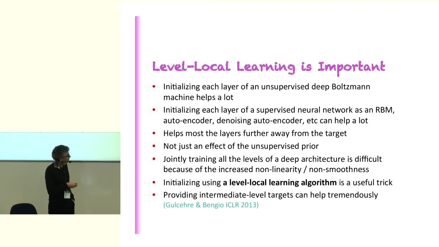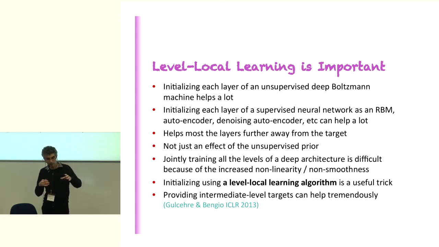There is an interesting result from last year that if you try to train a deep supervised net, and we have some examples of tasks where every machine learning method we've tried fails.